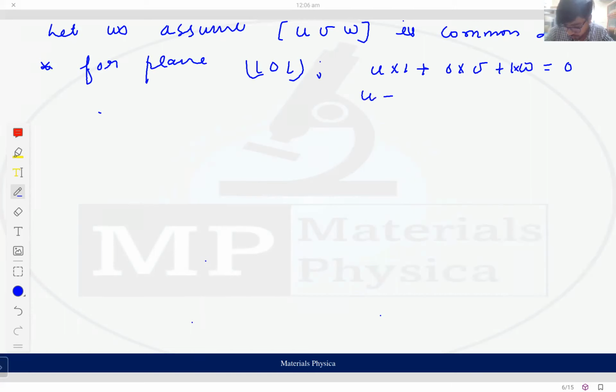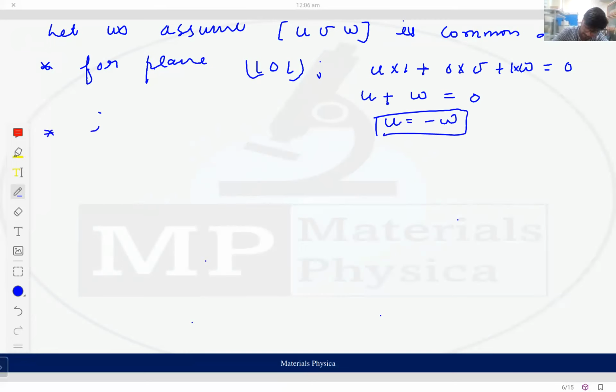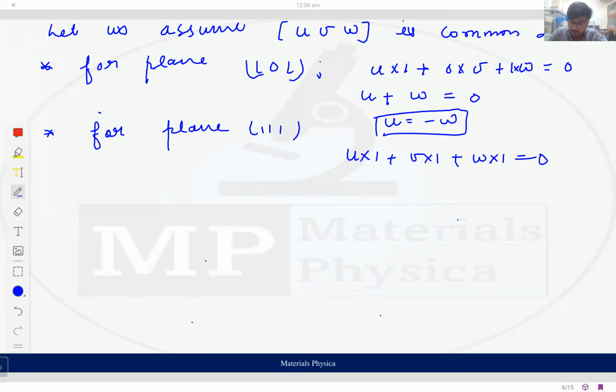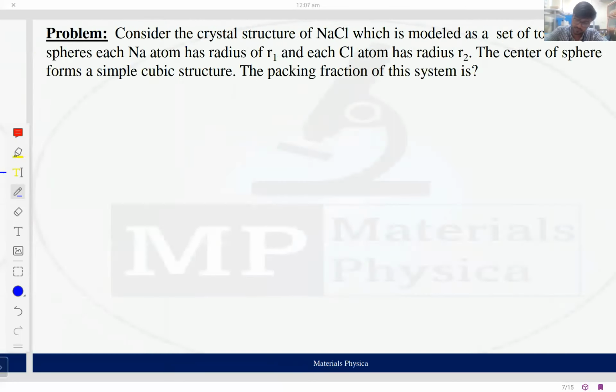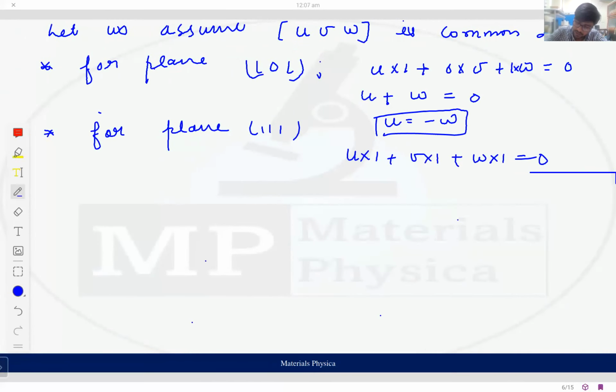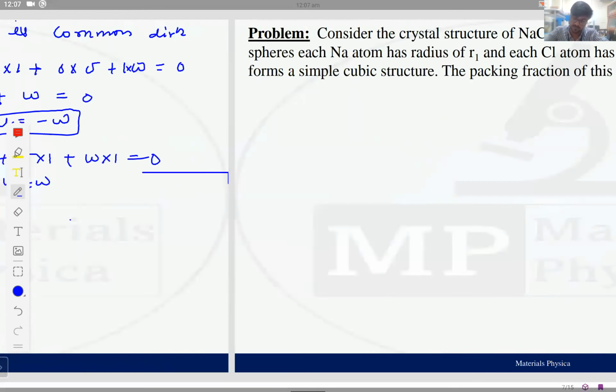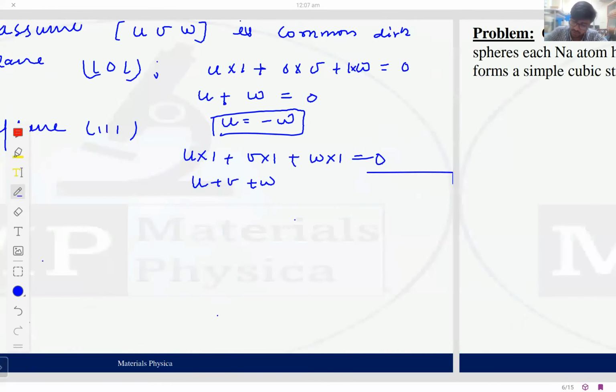So U plus W is equal to 0, or we can say U is equal to minus W. Now the same for the 111 plane: U into 1 plus V into 1 plus W into 1 is equal to 0, or U plus V plus W is equal to 0.